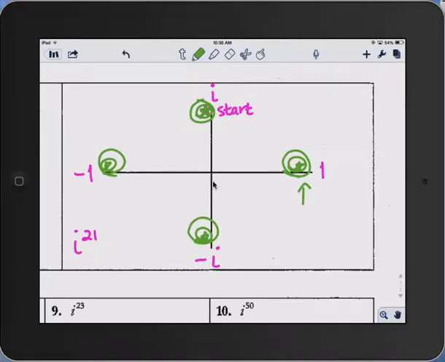So 12th, 13th, 14th, 15th, 16th, 17th, 18th, 19th, 20th, and 21st would put you up there. So i to the 21st is equal to i.